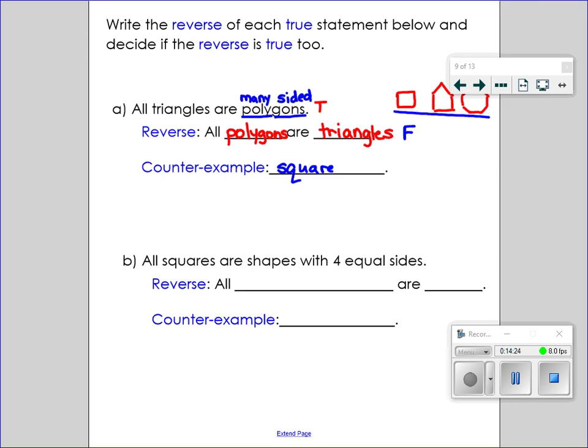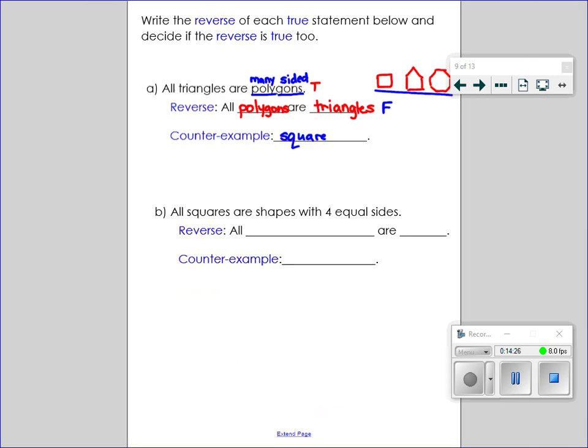Let's look at this example at the bottom of the page. All squares are shapes with 4 equal sides. Let's see if that's a true statement first. All squares are shapes with 4 equal sides is true. What would be the reverse?